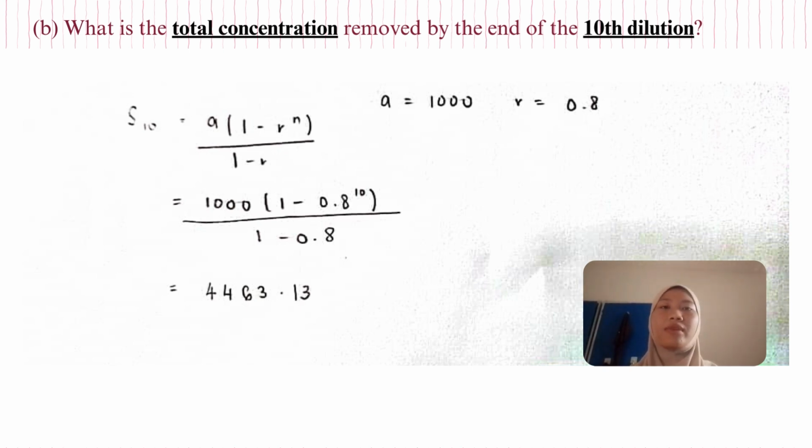The formula that we use is Sn equals A1 multiplied with (1 minus r to the n) over (1 minus r). Why do we use this formula? Because r is less than 1. So we insert the values that we got into the formula. So we got the answer, which is 4463.13.